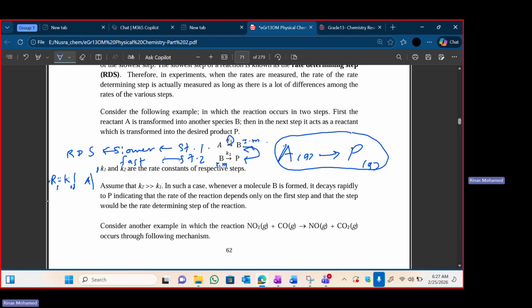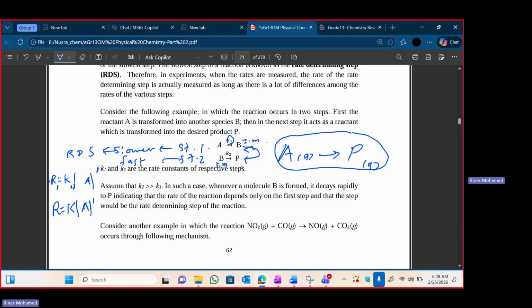This is the rate law expression for the slower step. This will resemble the net reaction's rate law, R equals K into A to the power 1, because this is the RDS.